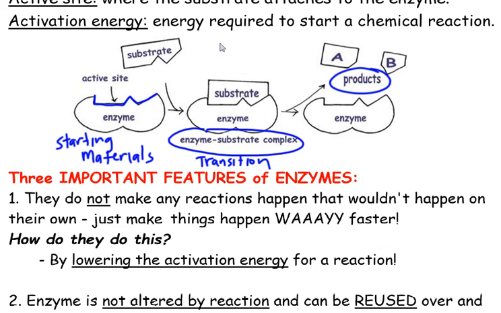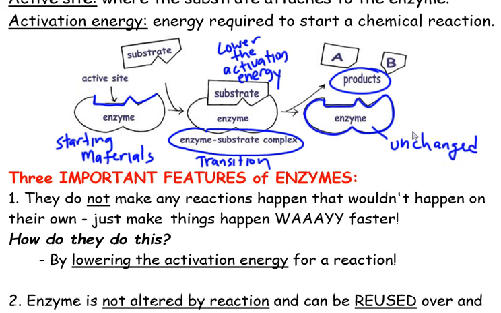Whenever these bond, it is going to lower the activation energy. And then it's going to release the products when it is complete. And then once it's released, it's going to start that cycle all over again. Notice how this shape is completely unchanged. So the enzyme is unchanged. So what is it going to do? It's going to go do the job again.